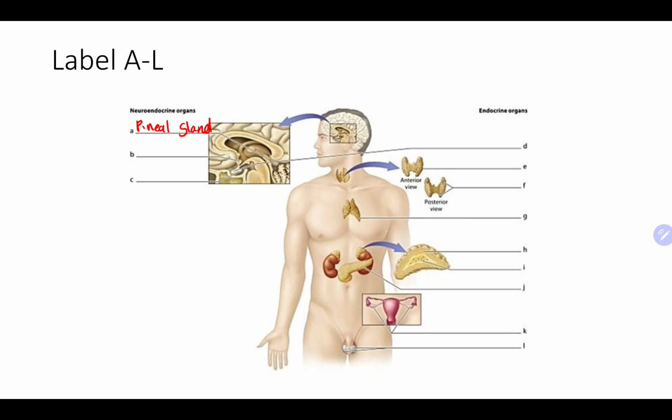B is pointing at the hypothalamus, whereas C, if you can really see it, is literally pointing to the posterior portion of the pituitary gland. So this would be the posterior pituitary. Whereas D is pointing right there to the anterior pituitary.